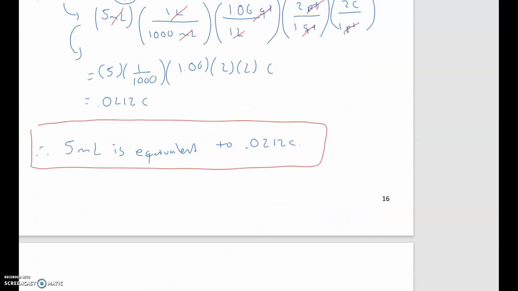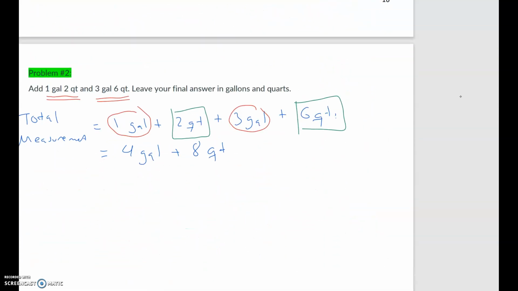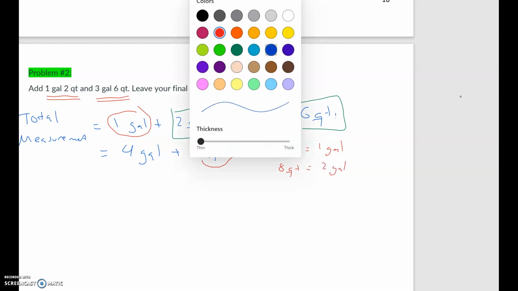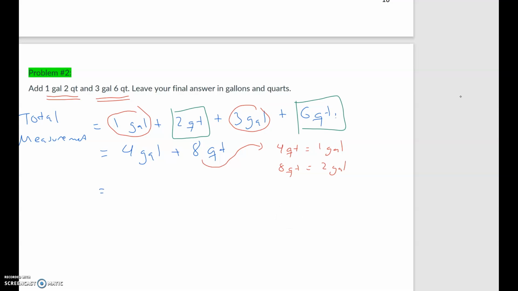So we could actually reduce further. So 4 quarts is equal to 1 gallon, so 8 quarts is equal to 2 gallons. So in this case, the actual measurement is going to be 4 gallons plus another 2 gallons. And this is equivalent to a total of 6 gallons.